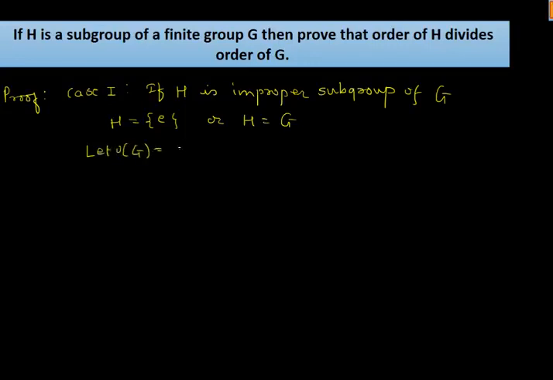The order of G is equal to n, and therefore order of H is equal to 1 when we are considering the singleton set {e}, and if H equals G, then the order of H is equal to the order of G, and that is nothing but n. So in both cases, 1 divides n, and n itself divides n.